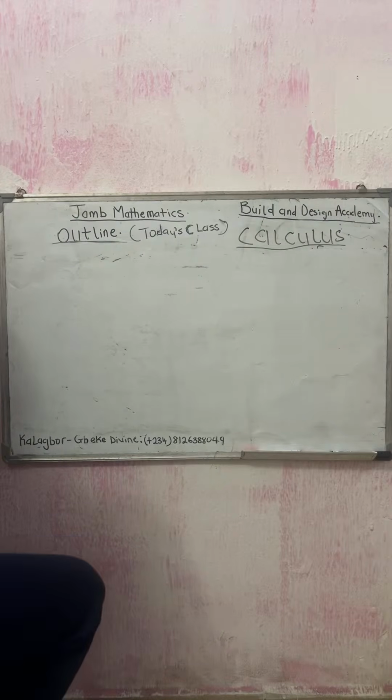Now, we're looking at the product rule. I will first of all write 3 different formulas that you're going to use. One will be for the product rule, the second one will be for the quotient rule, and the third one will be for the chain rule.